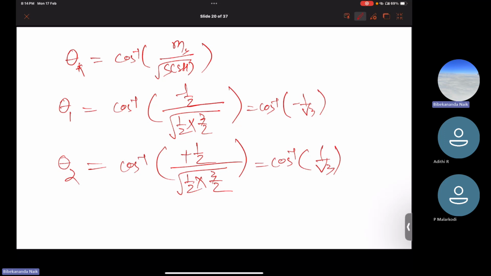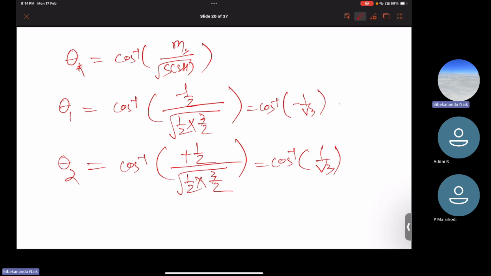Like in the previous question, we also discussed that the maximum value of theta corresponds to the minimum value of m values. In the previous question it was mj, so here it will be ms.